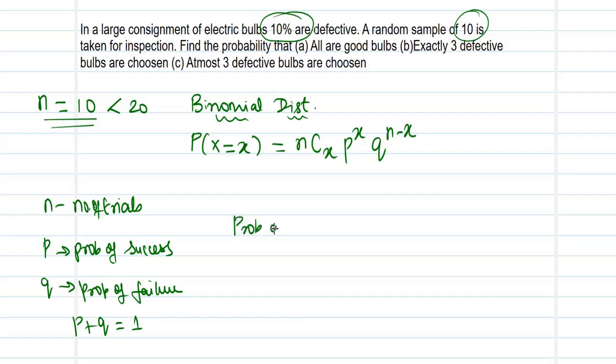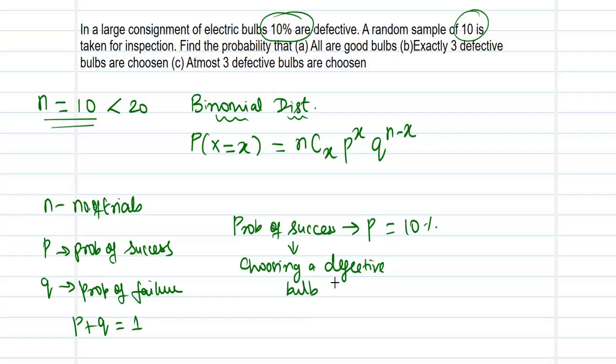So what is going to be the probability of success? p is going to be 10%, and success is choosing a defective bulb. A defective bulb is termed as success.